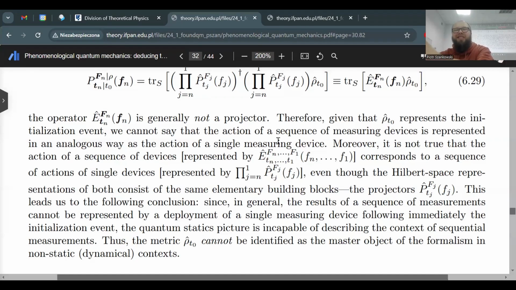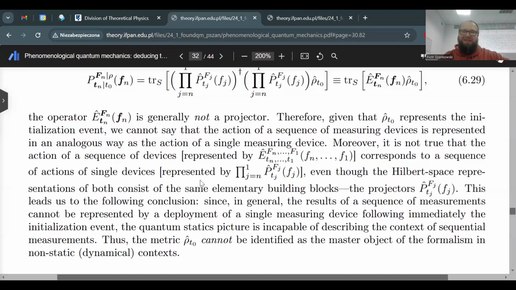This initial condition, even in this sequential setting, is completely uninteresting. Multi-time correlations are the real interesting stuff. And that's dynamics, that's quantum dynamics.